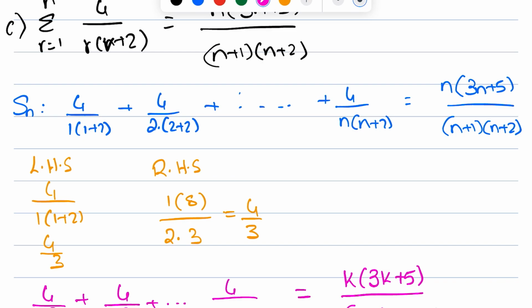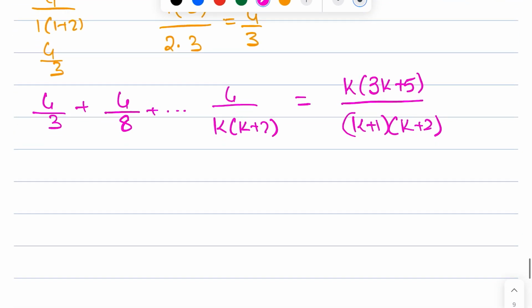This is our assumption. Now we have to prove that it is true for n equals to k plus 1. For proving that, plug in n equals to k plus 1 in the left hand side and plug in n equals to k plus 1 on the right hand side.